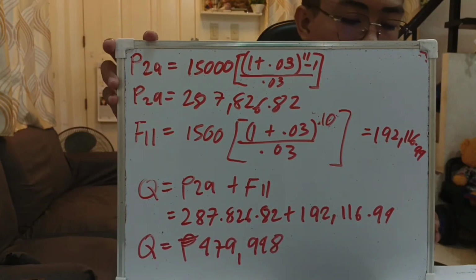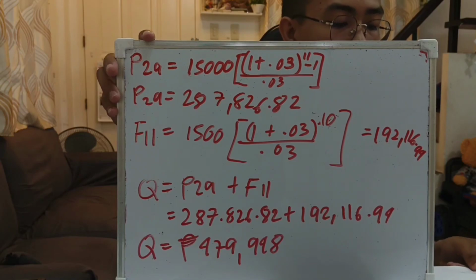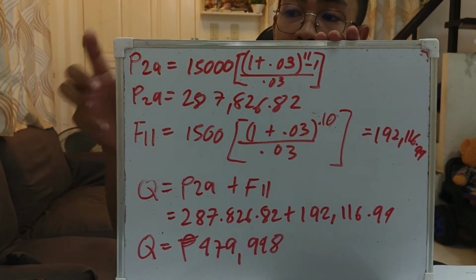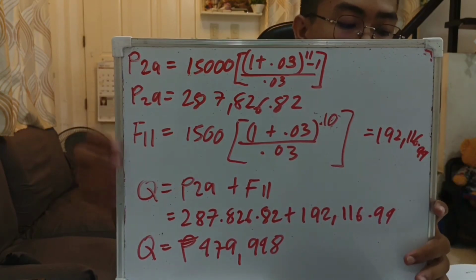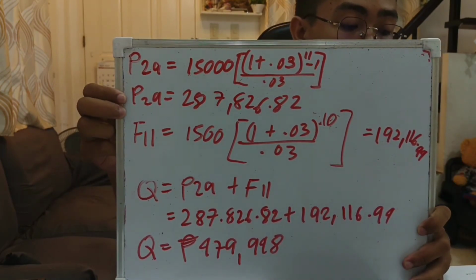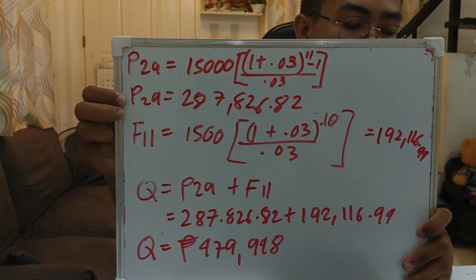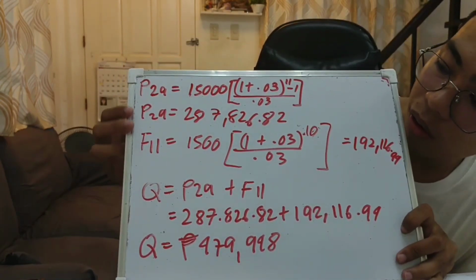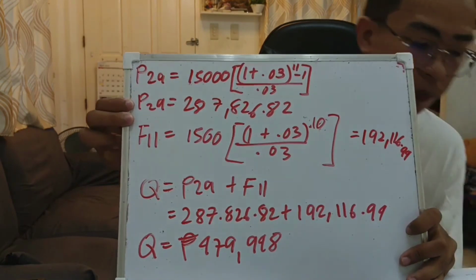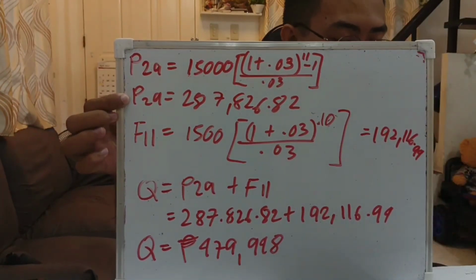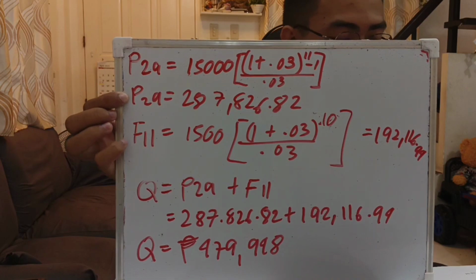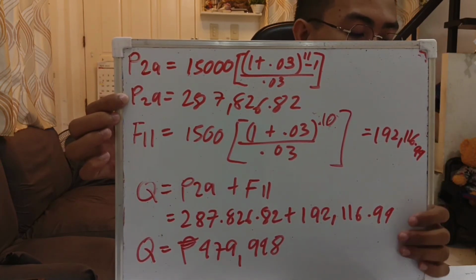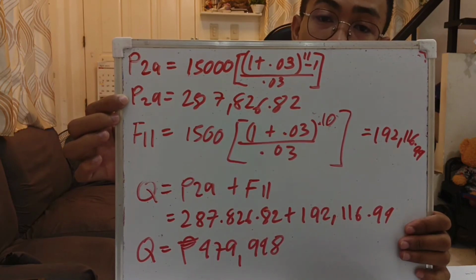So first P29. P29 is the P at N equals 29. So 15,000 times the quantity of 1 minus the quantity of 1 plus 0.03, or 3%, to the power of negative 29. So our P29 would be 287,826.82 pesos.